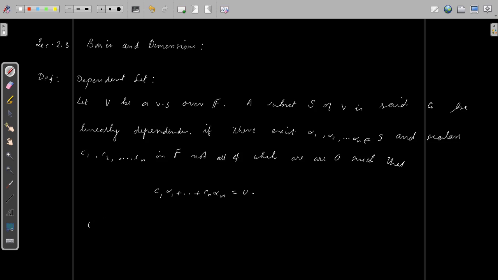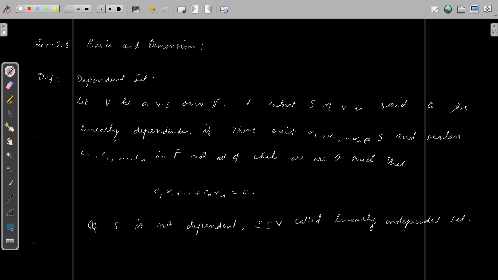So if S, a non-empty subset of V, is not dependent, then S is called a linearly independent set. So this is the definition of a linearly independent set.